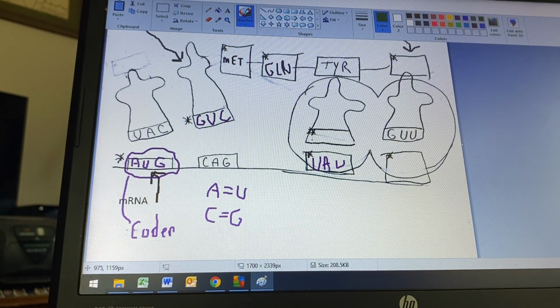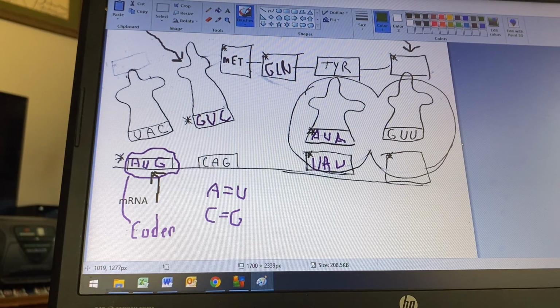And so here it would be A, that's complementary to U, and then U, and then A again. All right. And again, oops, that's a sad looking A. All right, again, the reason this is not what is on that codon chart. This is what's on the codon chart, because that tells the ribosome what transfer RNA to bring in.